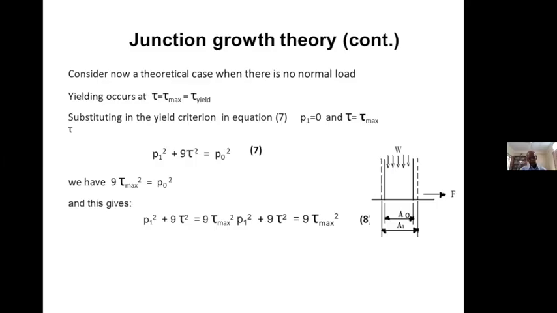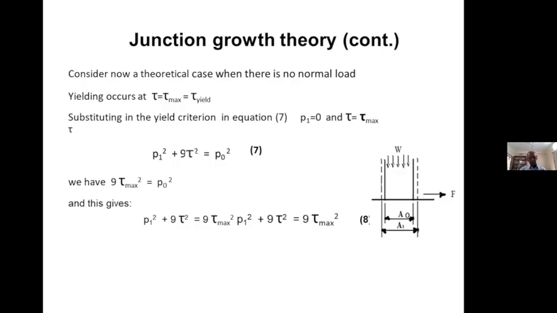So P1 equal to 0 and tau equal to tau max. And we substitute this in the last equation, P1 square plus 9 tau square equal to P0 square, and we get 9 tau max square equal to P0 square. So basically, the equation reduces to P1 square plus 9 tau square equal to 9 tau max squared.